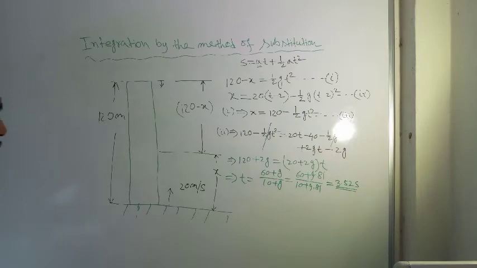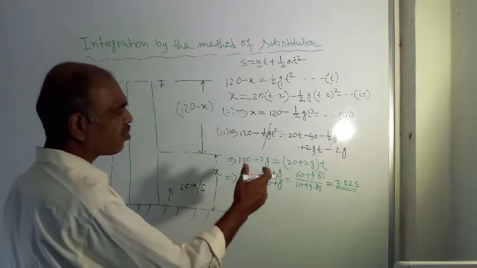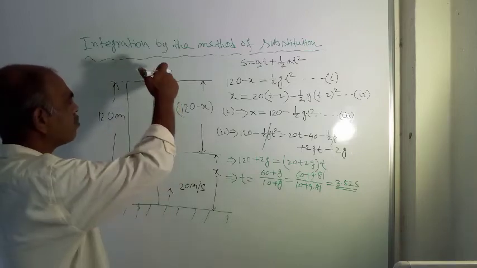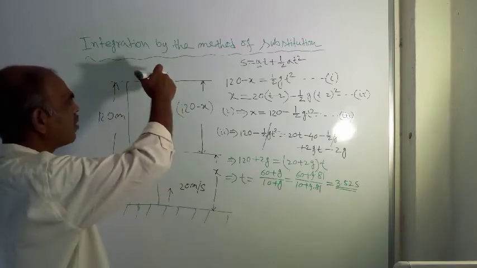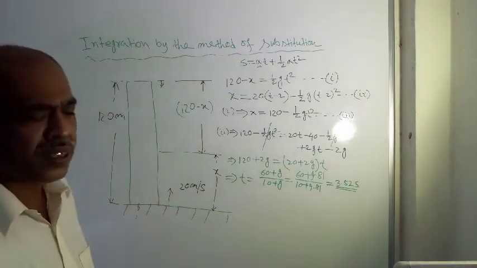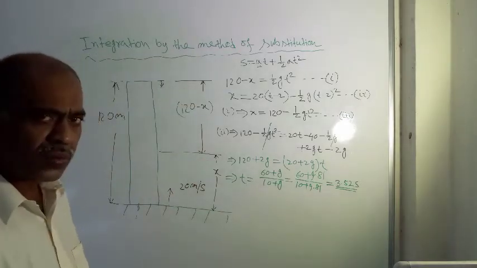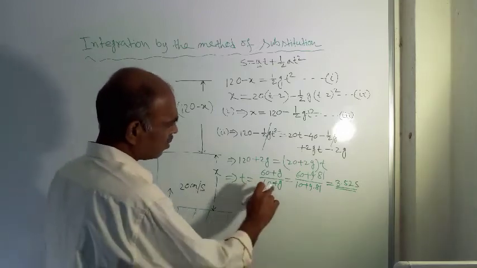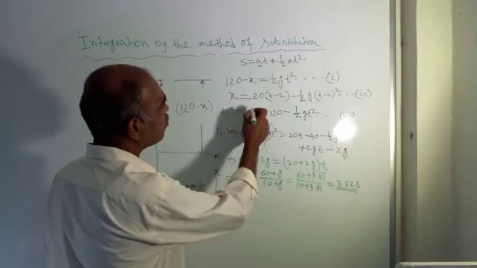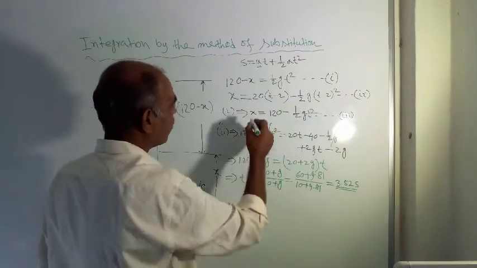When will they meet? They will meet after 3.52 second after leaving the stone from the top of the tower. Next, how will you get x? You will get x from equation number 3.